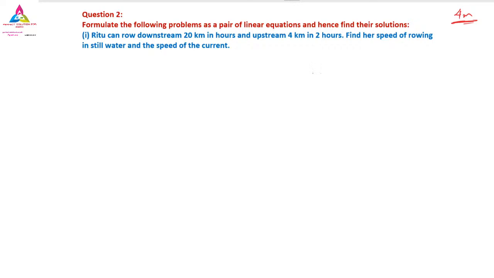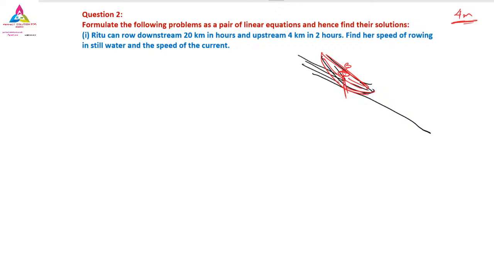Downstream is nothing but the way is downwards, and the water is flowing from up. So she is rowing here. My drawing is not so good, but you can understand she is rowing here in a boat. So she is moving faster.